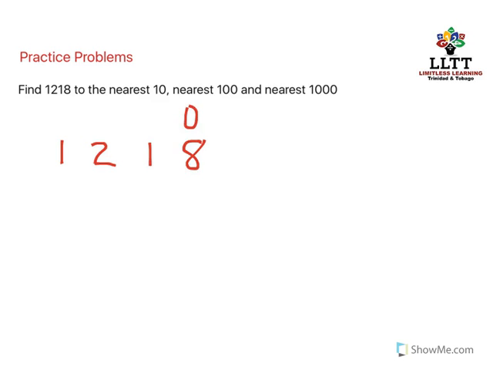This is ones, tens, hundreds, and thousands. Okay, so the first thing we're going to do is work to the nearest 10. When we're working to the nearest 10, we look at the ones digit.